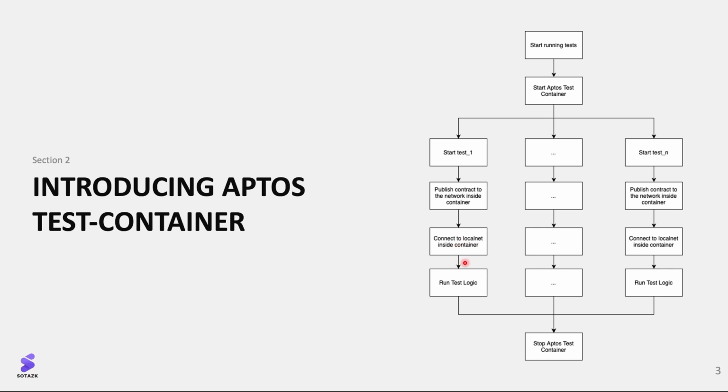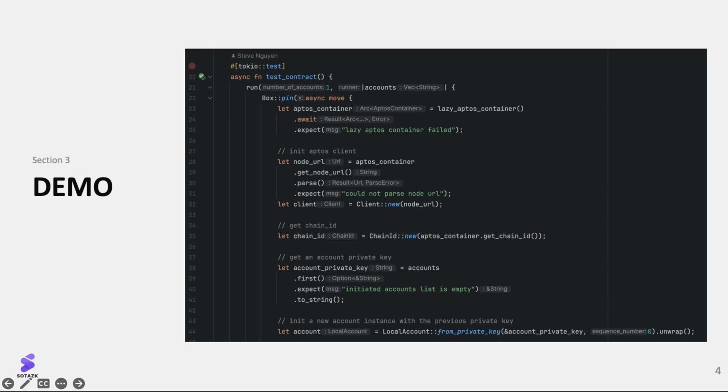With this approach, manual contract management is eliminated. Each test starts with a fresh contract state, ensuring isolation and reliability. And to make things even easier, the container comes pre-configured with 100 accounts, so you no longer need to handle this step manually. Now, let me show you how Aptos Test Container works through an example.